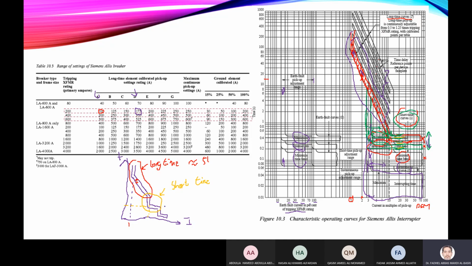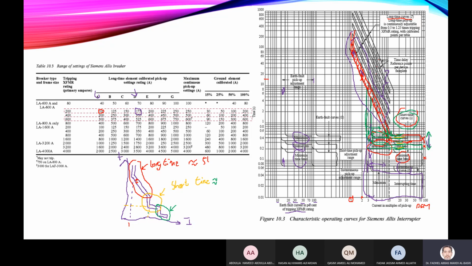But now the third is the instantaneous. This is equivalent to a definite time overcurrent relay, or instantaneous with definite time. You can change the time.